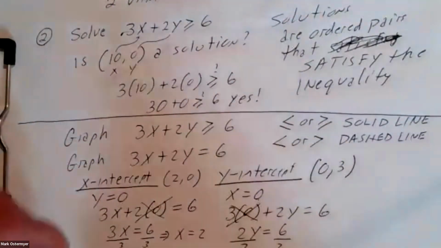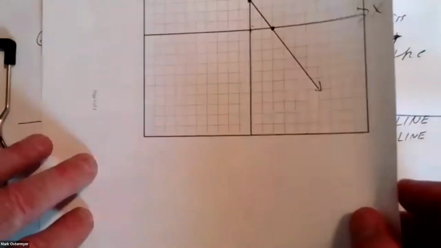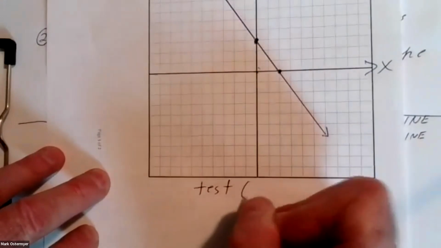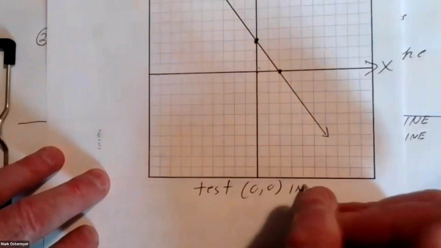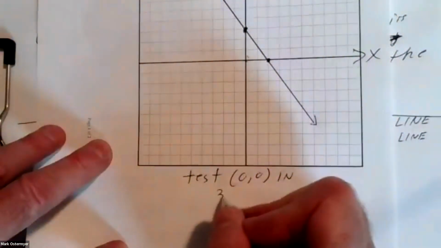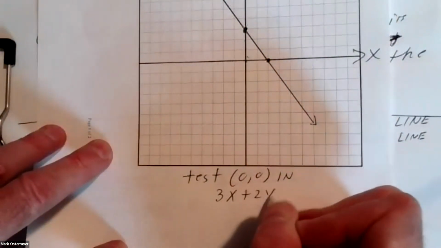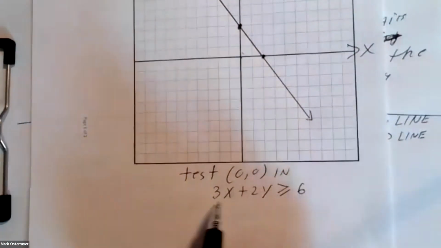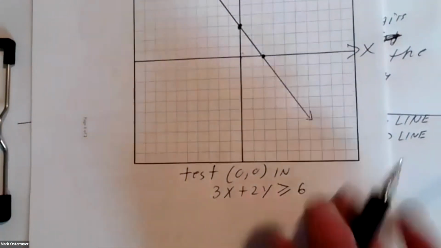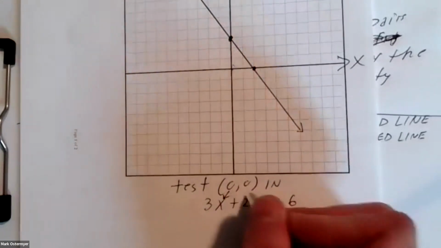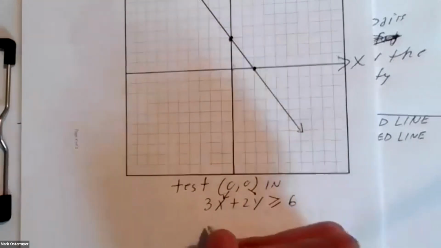So what I'm going to do is test (0, 0) in my inequality, and my inequality is 3x plus 2y is greater than or equal to 6. I want to see if (0, 0) is a solution to this inequality. To determine that, I replace the x variable with the x coordinate of 0, the y variable with the y coordinate of 0, and we verify.